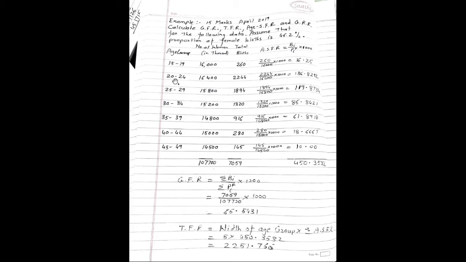Next age group 20 to 24, PIF value is 16,400, BI value is 2,244. ASFR calculations are 2,244 divided by 16,400 into 1000. So the answer is 136.8292.